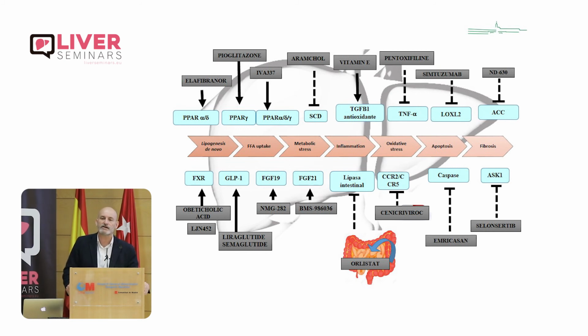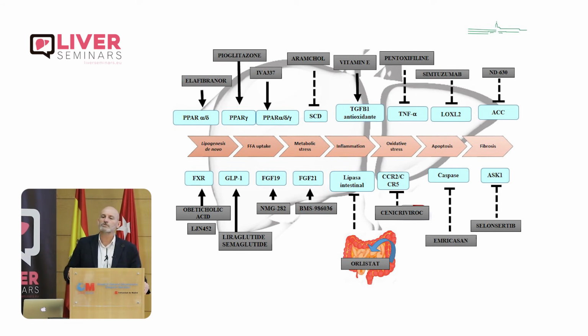Many therapeutic targets, more than 33 different drugs on trial at this time, in different phases across the world, and perhaps in the future we need to put together several therapeutic targets, because if we combine these drugs we can improve liver disease, addressing it from different points of view.